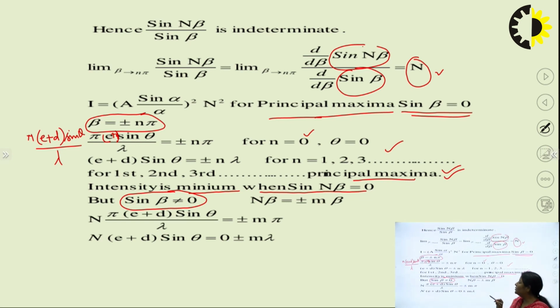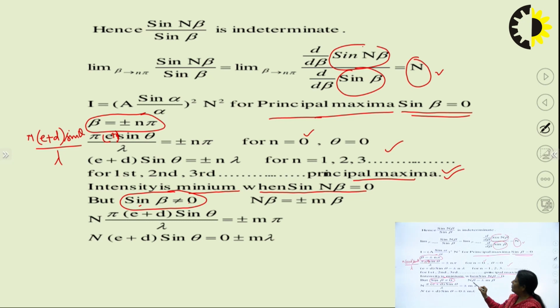We are not going to get the position of minima, because we will reach here. You remember here, because sine beta was 0 here almost. So therefore, we cannot have a condition sine beta equals 0 for the minima. It's very important to remember here that we can get a minima when sine n beta equals 0, but strictly sine beta does not equal 0.